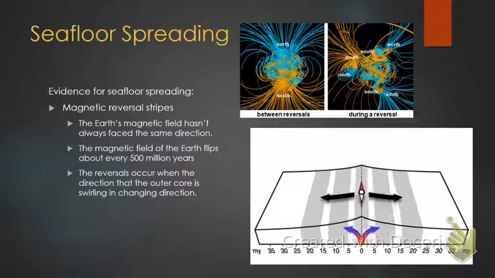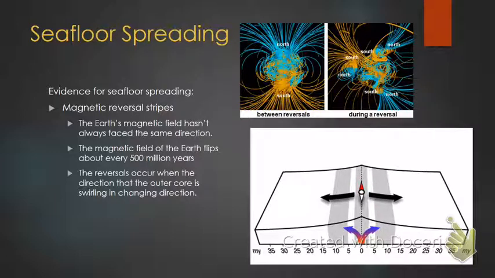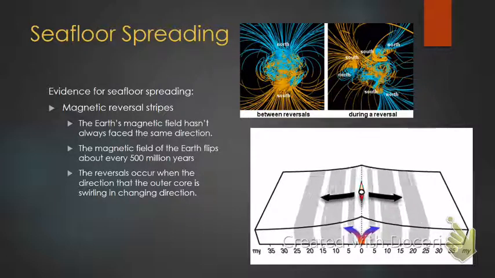So we can see that throughout time, Earth's magnetic field has changed. The magma that is freezing at the center is the newest oceanic crust, and as you get further and further away from the middle, you're looking at older and older oceanic crust.